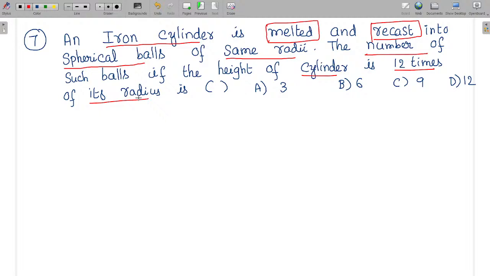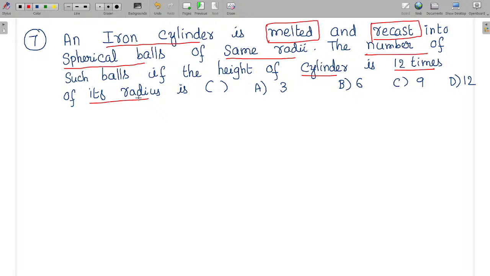So we need to apply the concept: if n number of spherical balls can be made using the iron cylinder, then n times the volume of each spherical ball is equal to the volume of the iron cylinder.